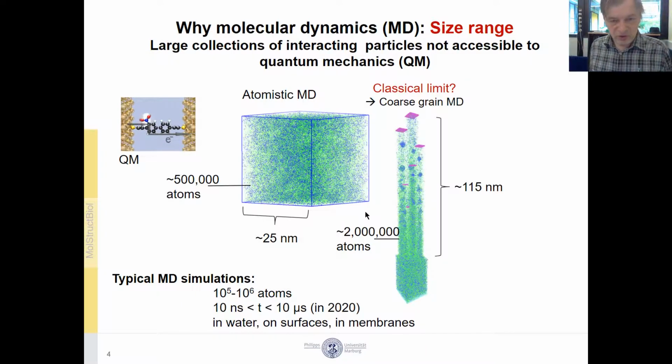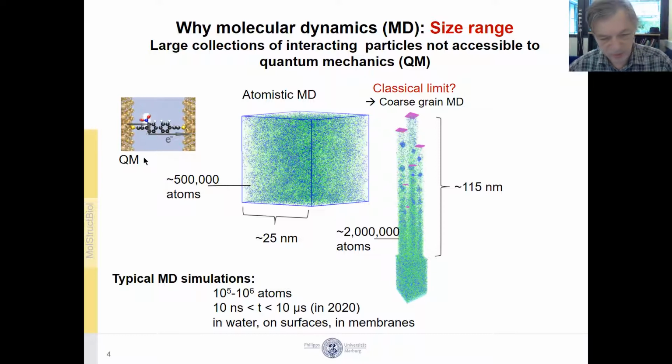So there is also the other issue, the size range. The size range is an issue. When you go, for example, to theoretical chemists, many of them are very keen on simulating systems using very sophisticated quantum mechanics calculations, using program packages like Gaussian, GAMESS or Orca, where you can get a lot of information about the quantum states, also about the absolute energies, about spectra.